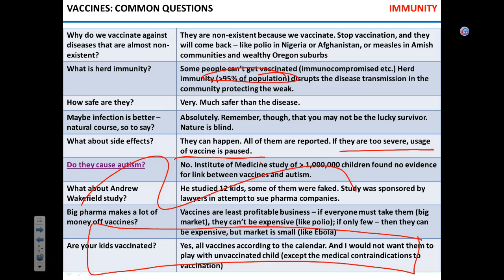I do not want them to play with an unvaccinated child. Why? What if the vaccine did not work in them? That happens. Vaccines are not 100% effective. They're 95, 99% effective. Some of them, like mumps, it's about 85, so you've got to get boosters. What if they were unlucky, and particularly in this case, they didn't get high enough titers of antibodies or a good T-cell response?